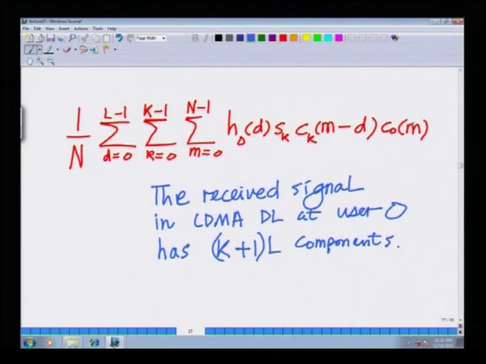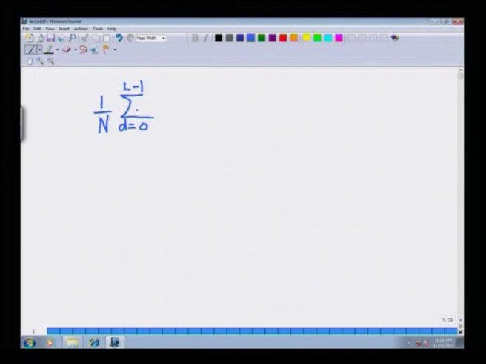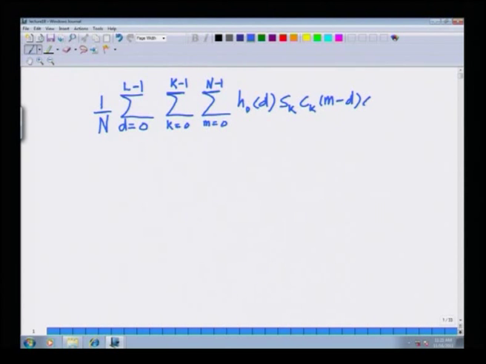So, let me resume with that analysis: the summation over d equals 0 to L minus 1, summation over k equals 0 to K minus 1, summation over m equals 0 to N minus 1 of h_0,d times s_k times c_k of m minus d times c_0 of m.